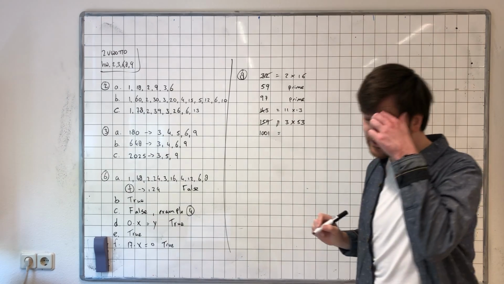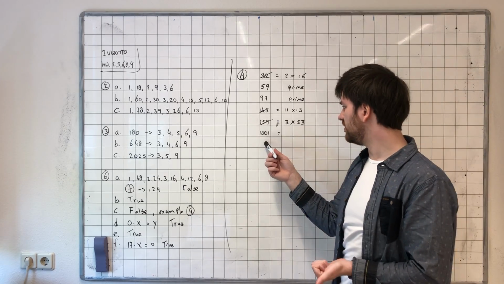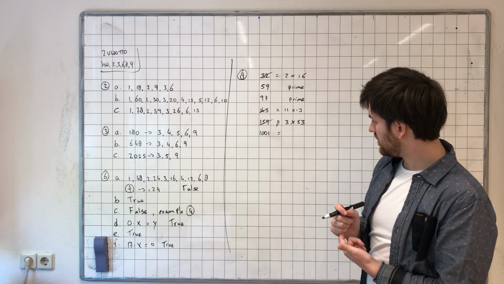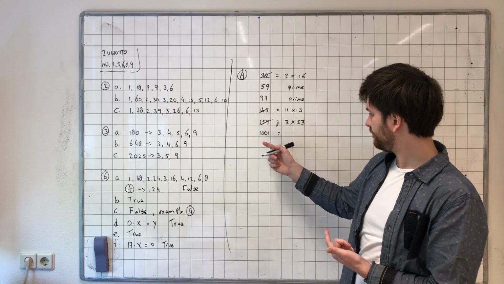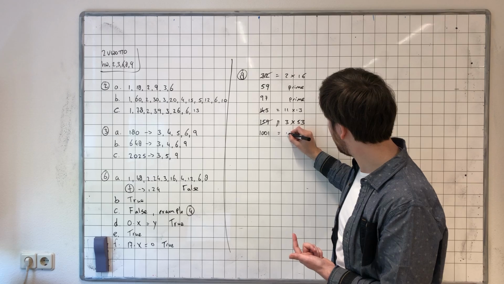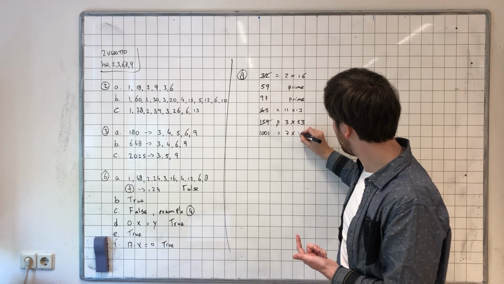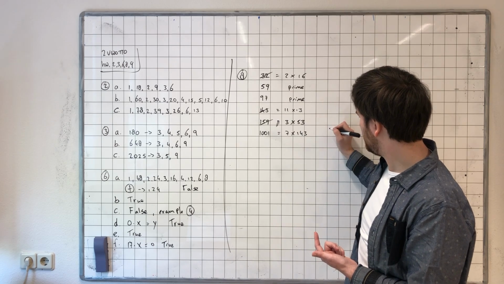1001. Difficult one. We can't divide this with 3. Cannot divide it with 5. We can check for 7, but let's see. I think we can divide this with 7, because that's 7 times 143.